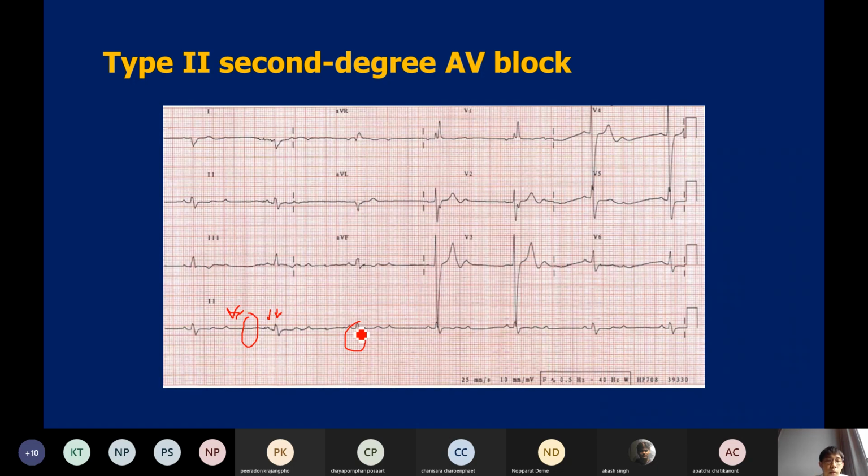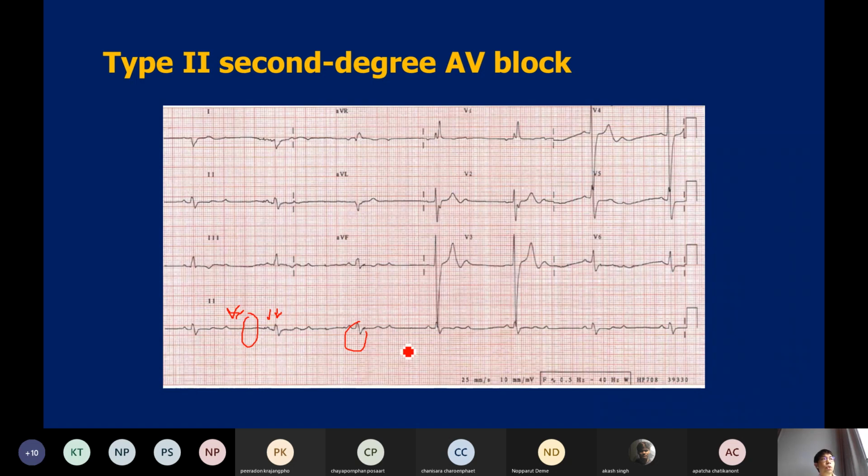This means that if there are 3 P waves here in the ECG, one would conduct into the ventricle.